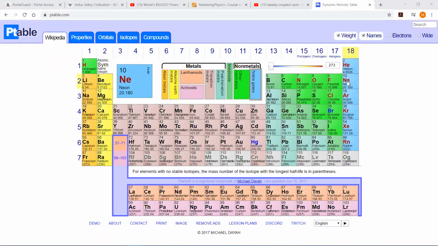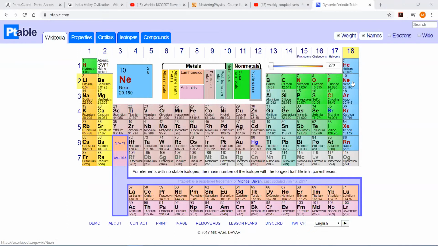Neon is over here. They tell us it's got atomic number 10, 10 protons. I can't move my mouse over here, and you can't see my finger pointing, so just look off towards the left side of the screen where the icon for neon is enlarged. Under the name neon, it says 20.18. That's an average value for the atomic mass number.